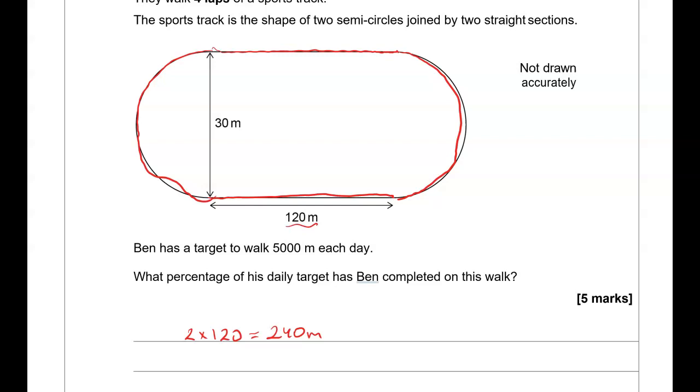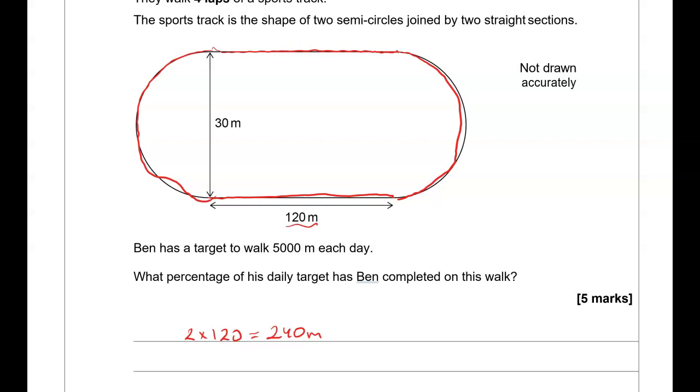So the formula for that is pi lots of the diameter, or 2 pi r. We've got the diameter here, so let's use pi times d.